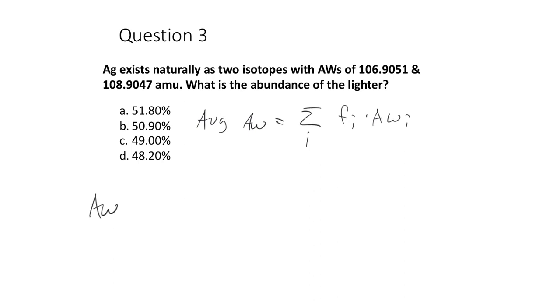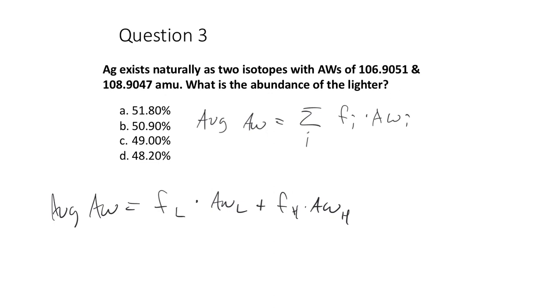So let's write those out here. So our average atomic weight, again, the fraction of that lighter isotope times its mass, plus the fraction of the heavier isotope times the atomic weight of the heavier isotope. Now there's 2 keys here.